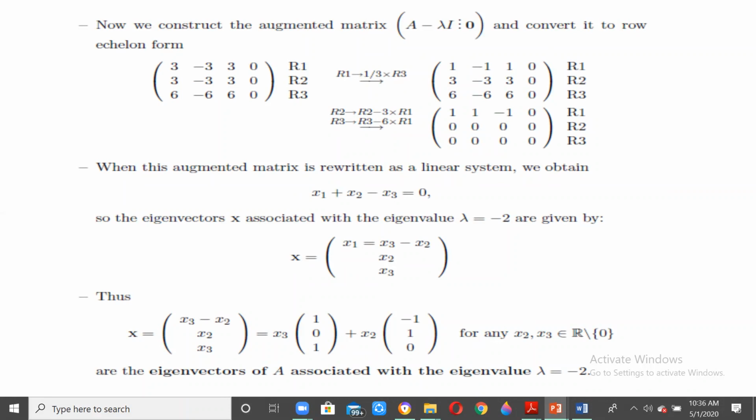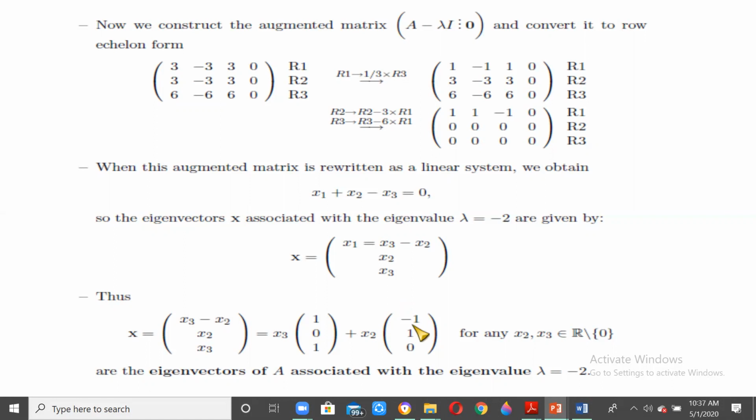X1 is equal to X3 minus X2. So coefficient of X3 here is 1, coefficient of X3 here is 0, coefficient of X3 is 1. So therefore 1, 0, 1 into X3. Coefficient of X2 is minus 1 here, here it is plus 1, here the coefficient of X2 is not there, that is equal to 0.